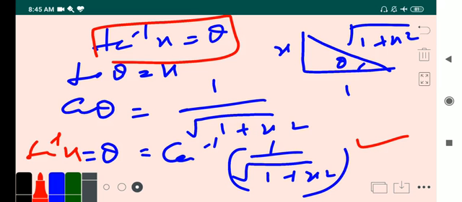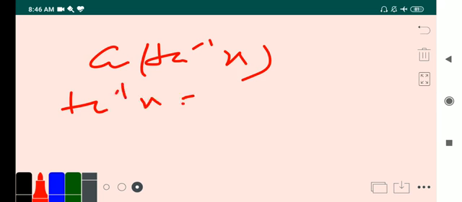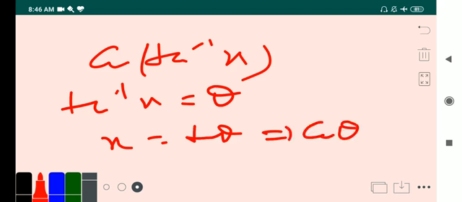For example, if I say what is the value of cos tan inverse x, so here in a right angle triangle, let tan inverse x equal to theta, so we have x equal to tan theta. In a right angle triangle, tan theta is perpendicular upon base, x upon 1, and cos theta is base upon hypotenuse, it will become 1 upon under root 1 plus x square.